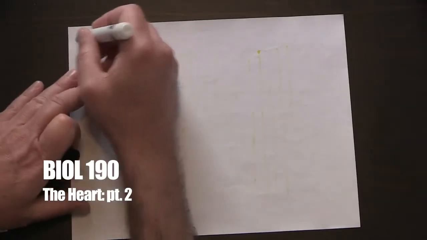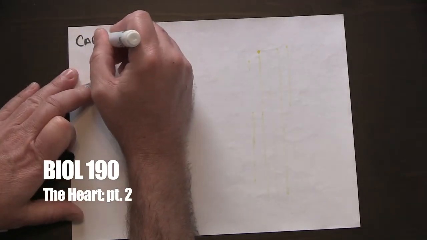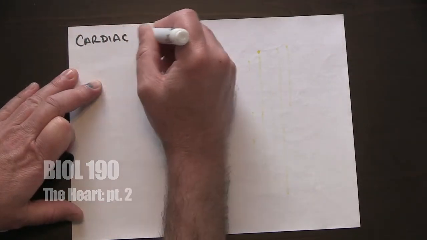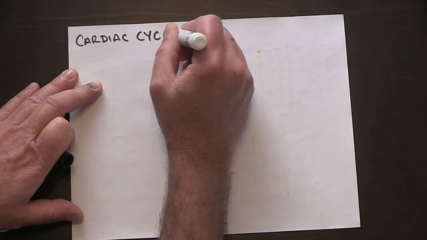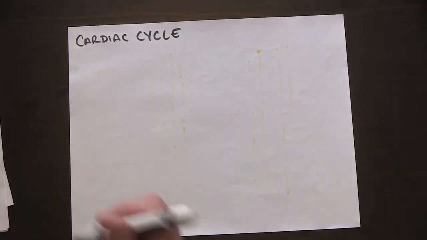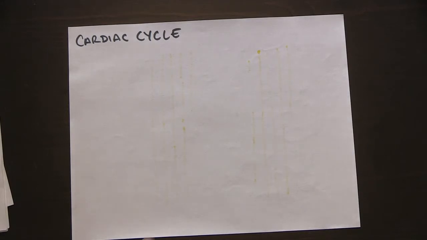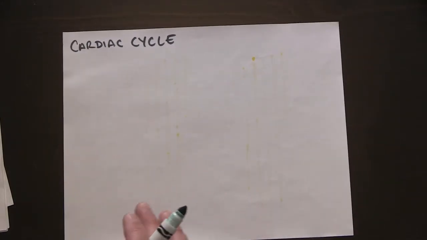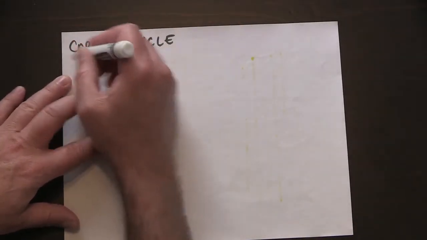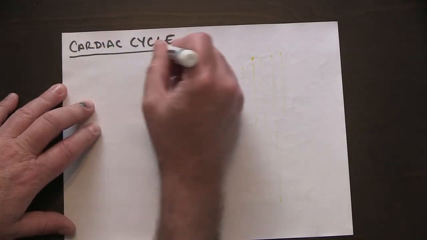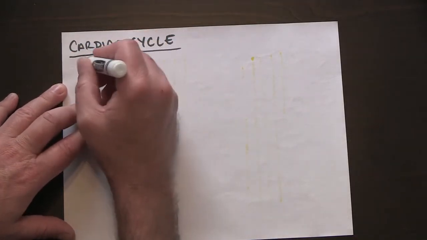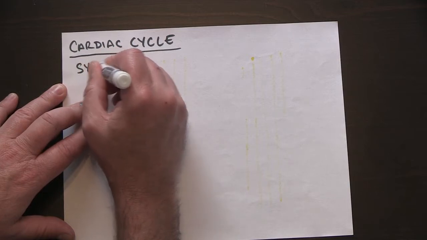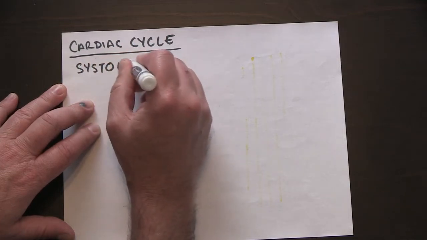So let's talk about the cardiac cycle. This is the repeating pattern of the heart pumping, right? There are two phases of the cardiac cycle.